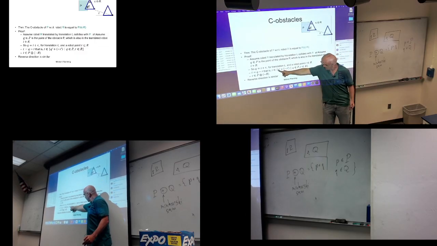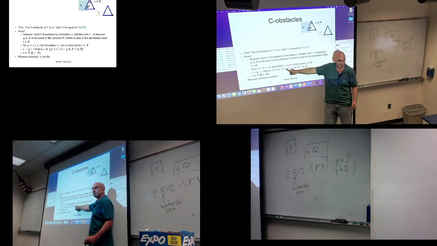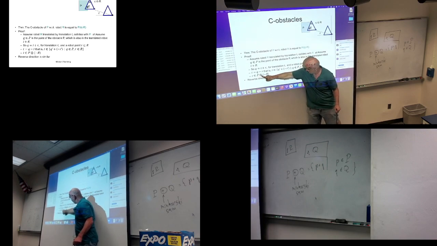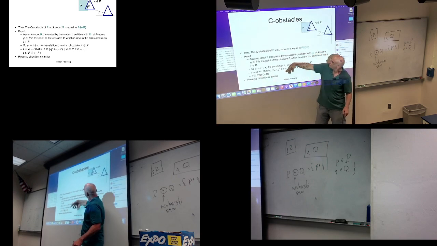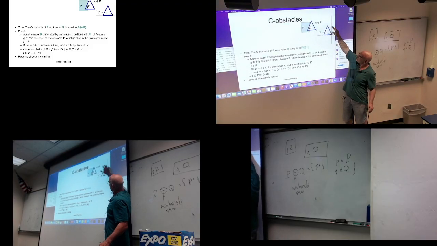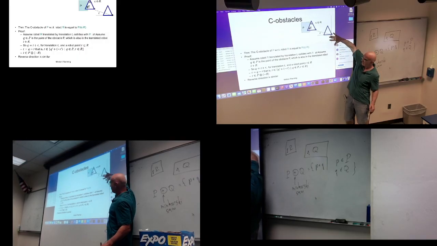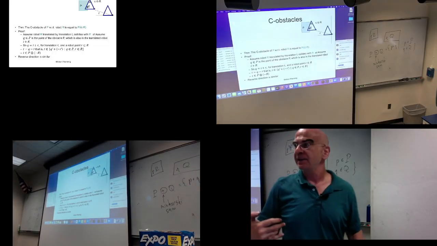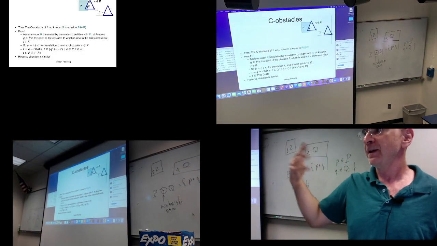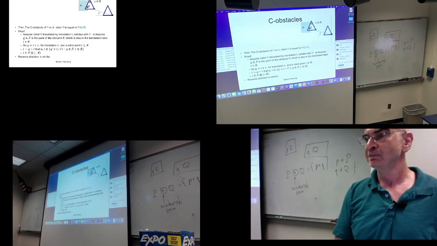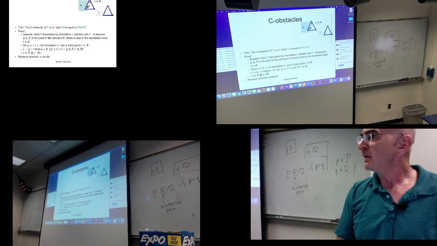All good? Notice it's q plus minus r. So T belongs to P Minkowski sum with minus R. To compute the forbidden region, I need to take this triangle, flip it this way, and shift it around. That's all the translations that are forbidden. Everything outside this region is allowed. Do you all agree?